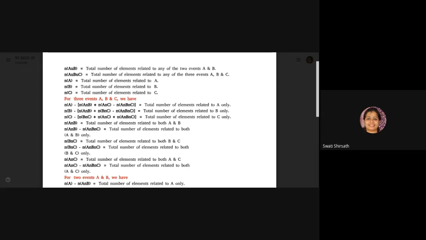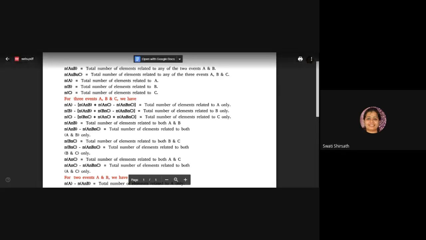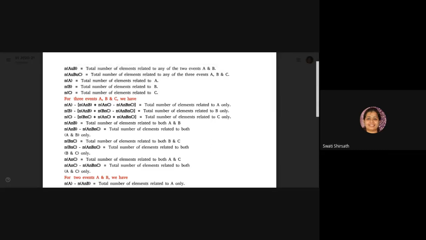Similarly, when you want to calculate the value of only B, n of B minus n of A intersection B minus n of B intersection C plus n of A intersection B intersection C. Same thing, just the combination changes.